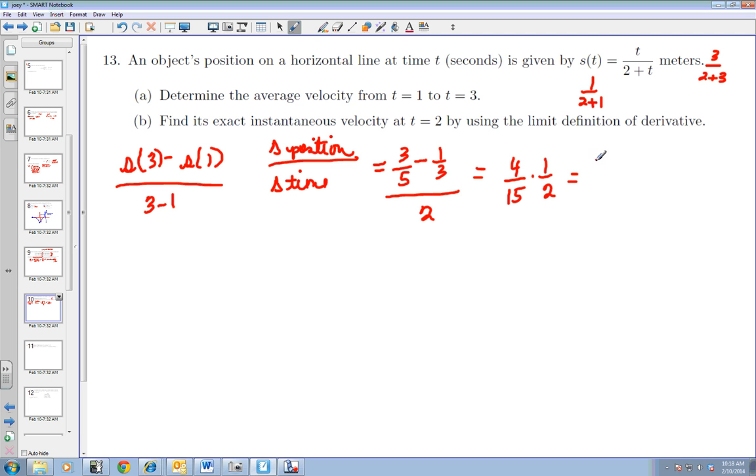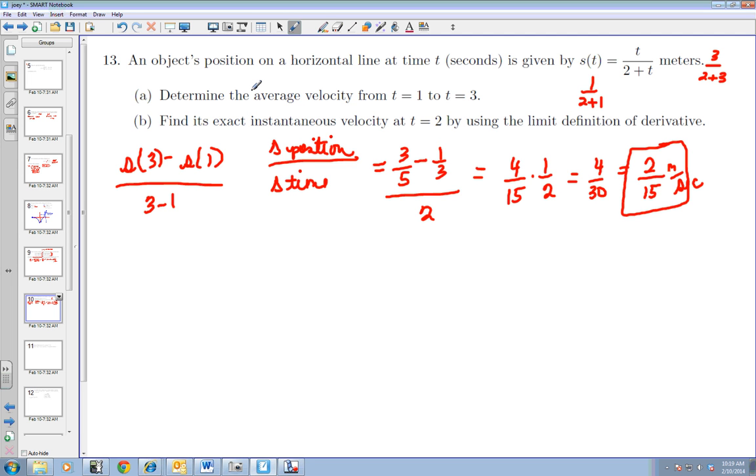So that's going to be 4 over 30 or 2 over 15. That's the average velocity. And so he may want meters per second on that. So let me check that and make sure I didn't enter something in wrong. Divided by 2. Yep, 2/15. So that's A.